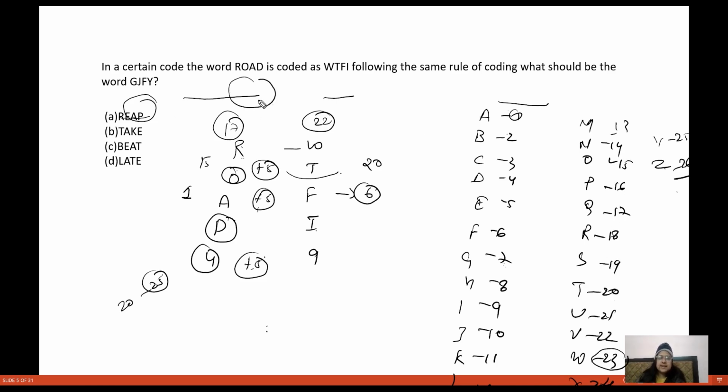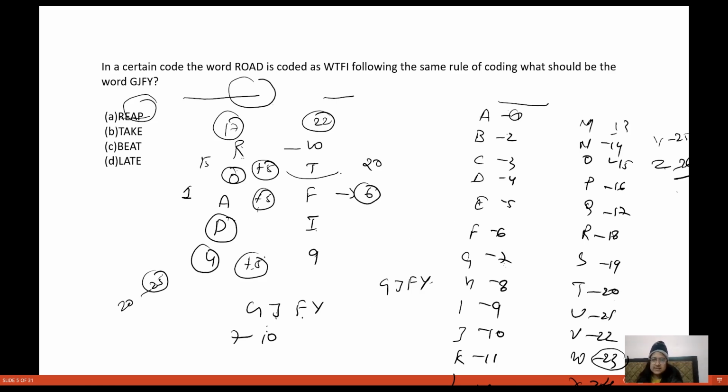Question: in a certain code, ROAD is written as WTFI. Following the same rule of coding, which word is GJFY? So basically, what is GJFY? G is 7, J is what? J is 10, F is what?